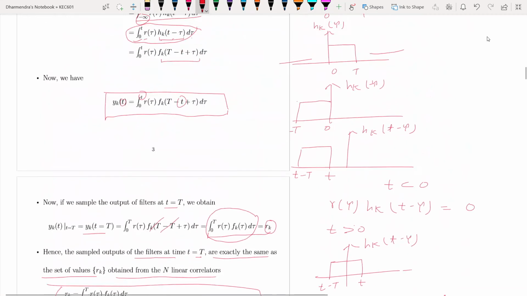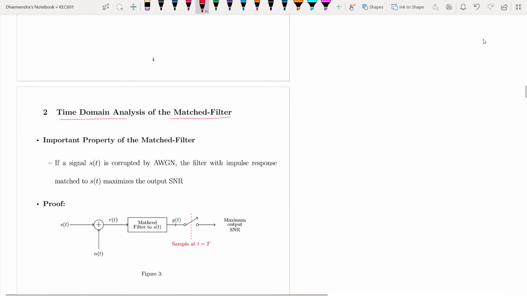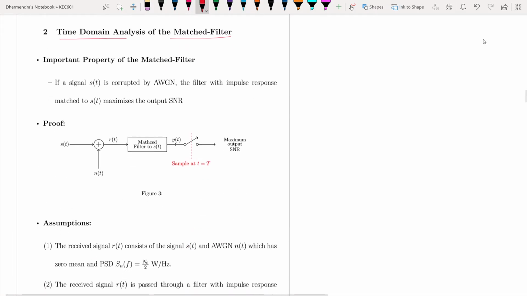So let us analyze this matched filter in the time domain. So we'll discuss time domain analysis of the matched filter. One of the important properties of the matched filter is this: we are discussing one dimensional matched filtering type demodulators, meaning x of t is binary, just for mathematical convenience.